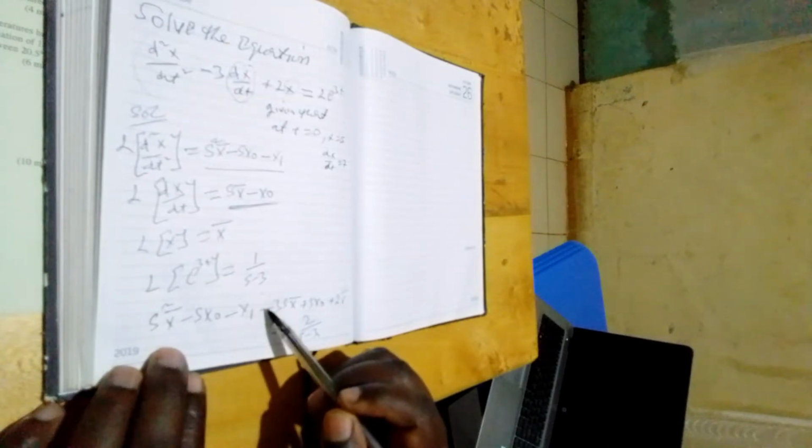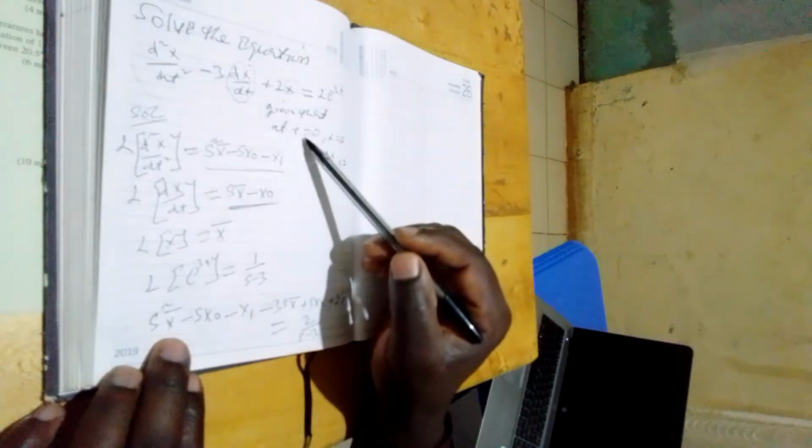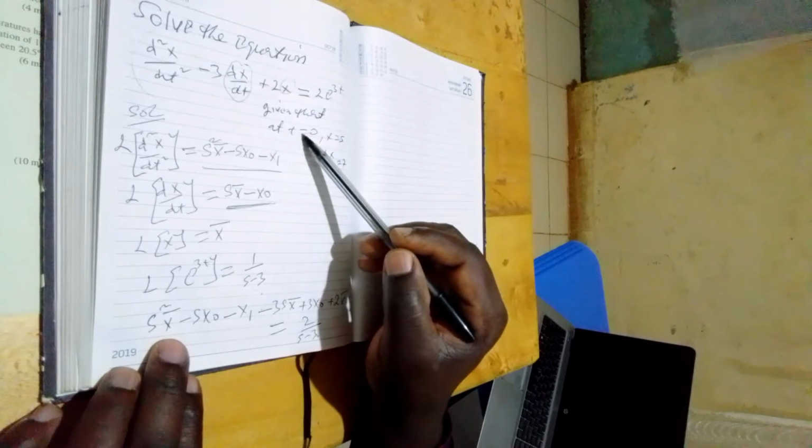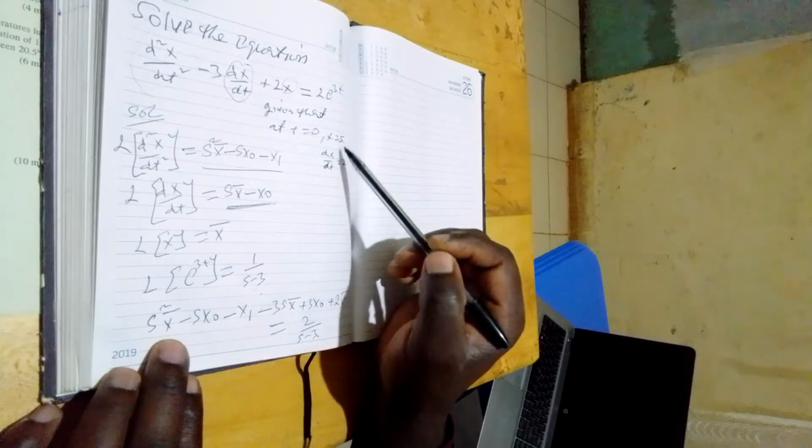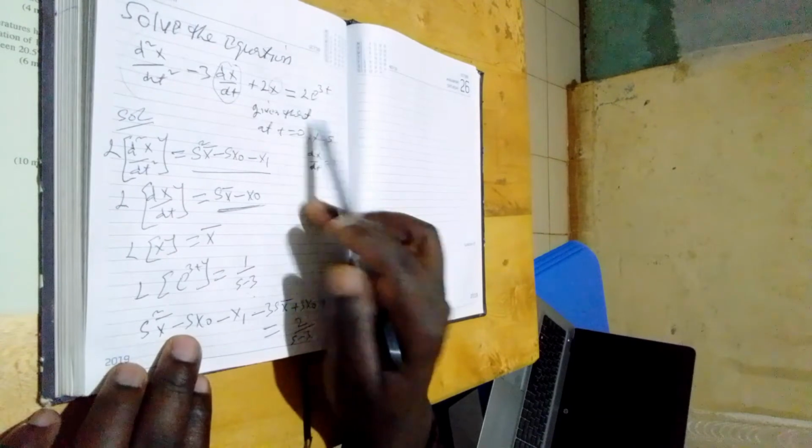Now at this point we insert the initial conditions. They are saying that at t equals 0, x naught equals 5, x1 equals 7.